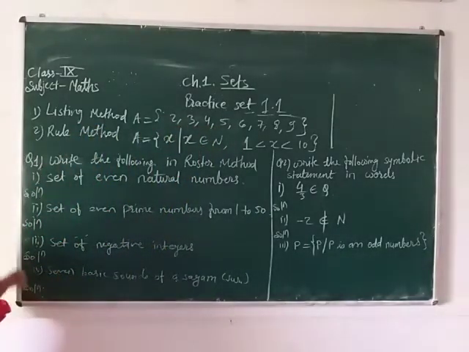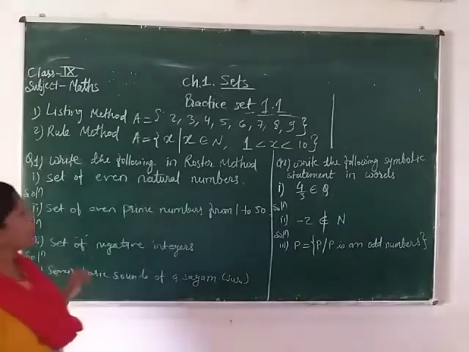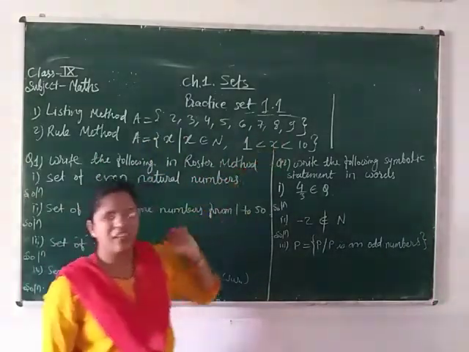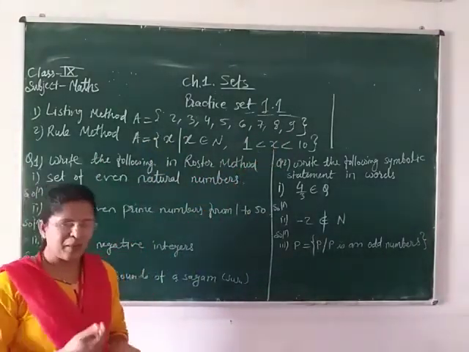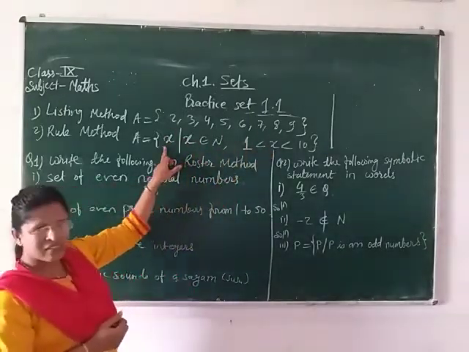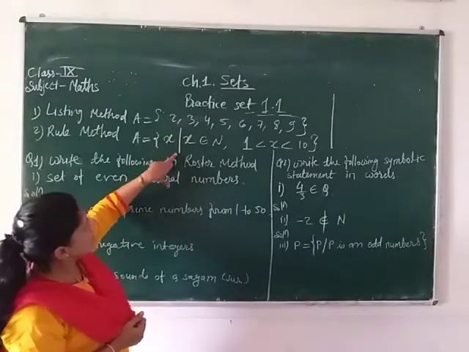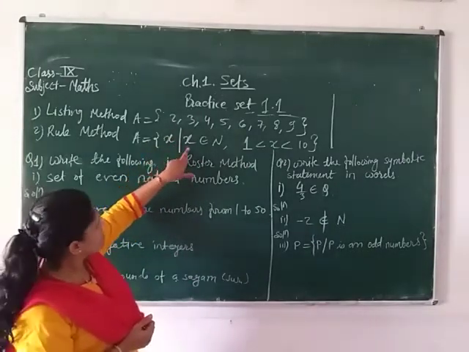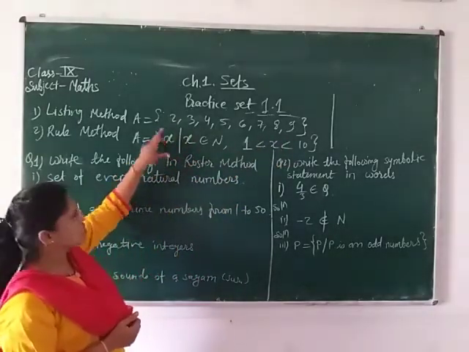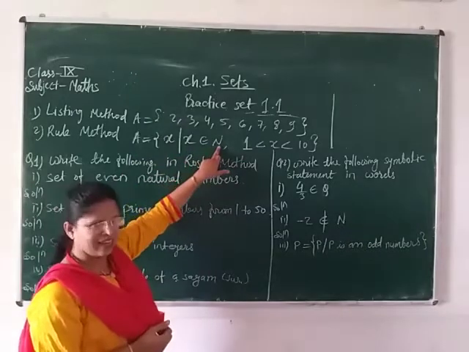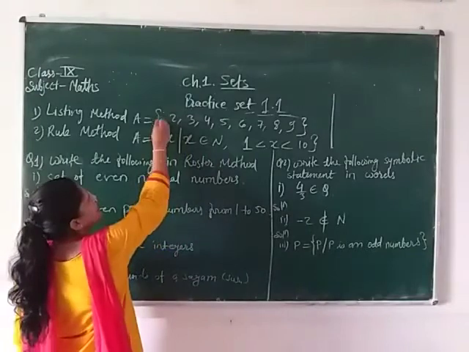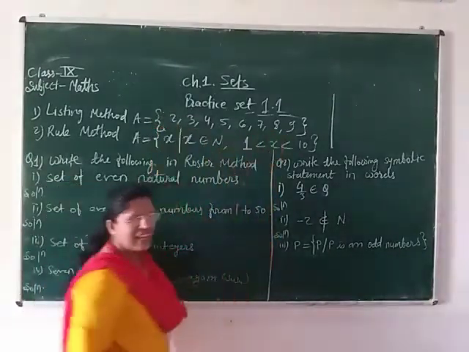And the second method is the rule method. In this method, we give a variable like x, followed by a colon. What is x? x is a variable for these elements. So x belongs to N. Why N here? Because these numbers are natural numbers.